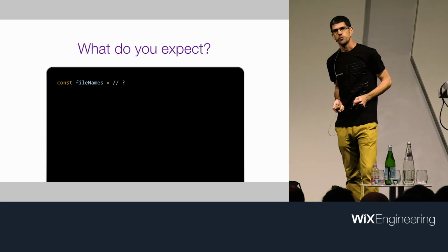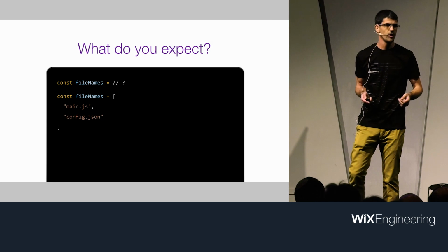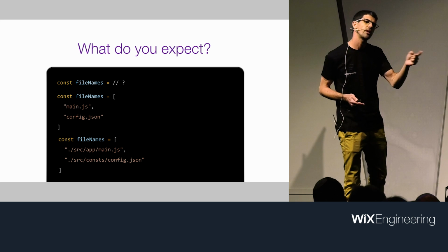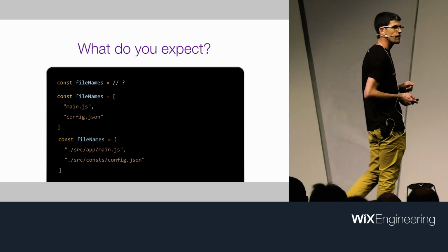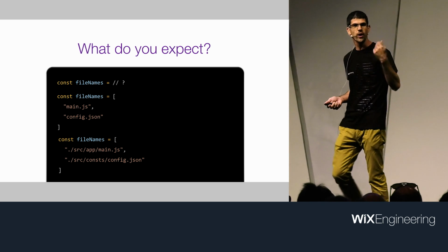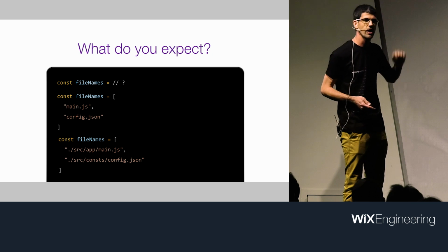Or what about file names? Obviously, you expect to get a list of file names. But what about this? Do they include the relative paths or not? When we look at this data structure and ask, does the word file names describe it correctly? I think most of us would say yes, that's what we have here.